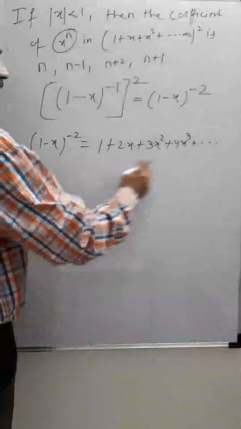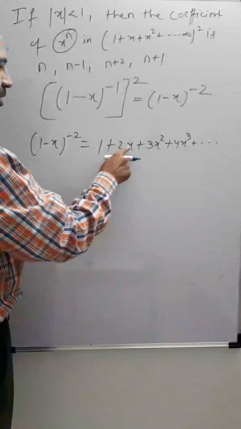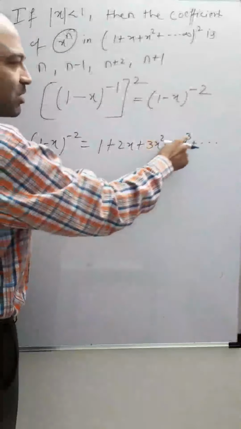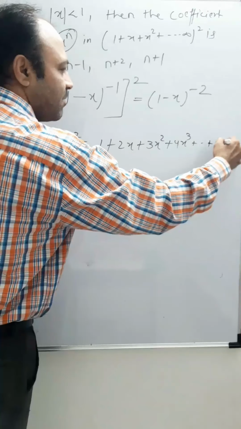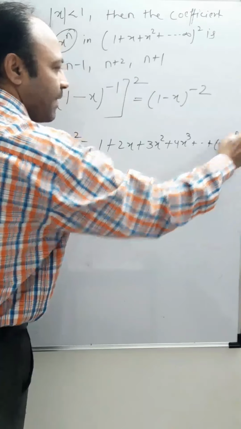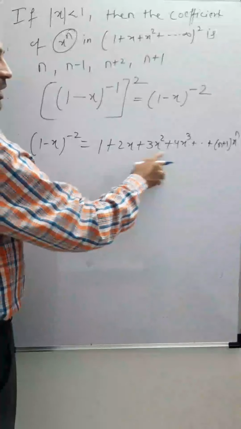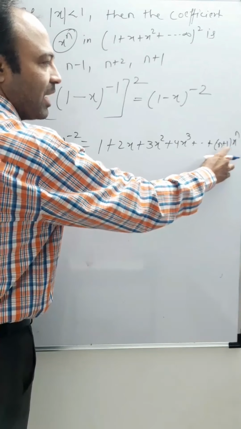Now in this expansion we have to find the coefficient of x to the power n. So what we are observing: x power 1, 2 came. X power 2, 3 came. X power 3, 4 came. So for x to the power n, can we write n plus 1?